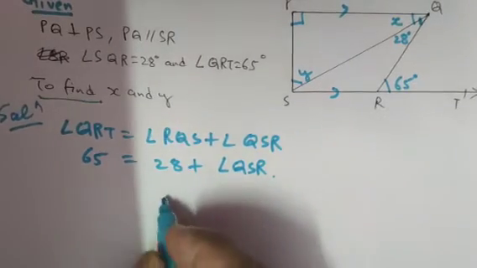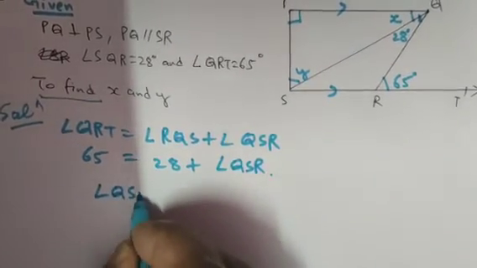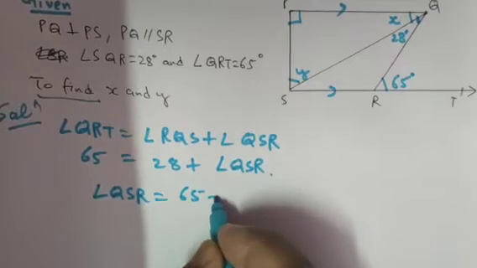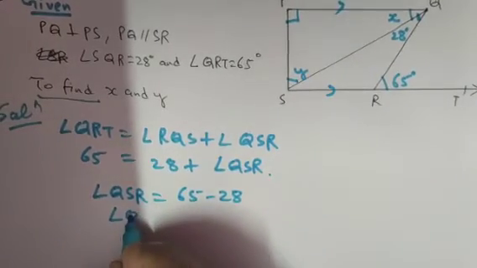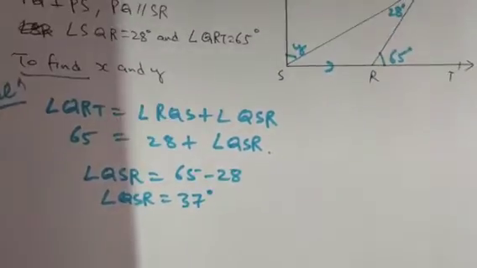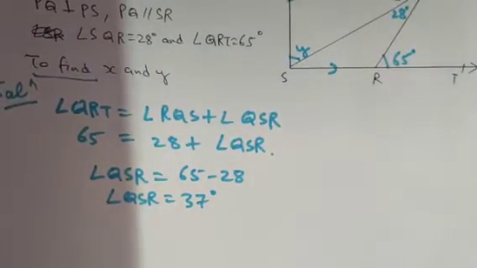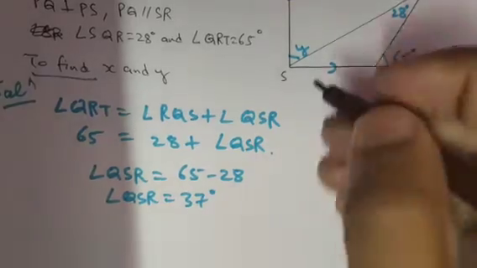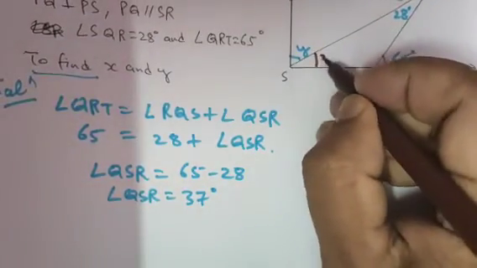So with this we can calculate angle QSR will be 65 minus 28, angle QSR equals 37 degrees. Now this angle QSR we have calculated as 37 degrees.